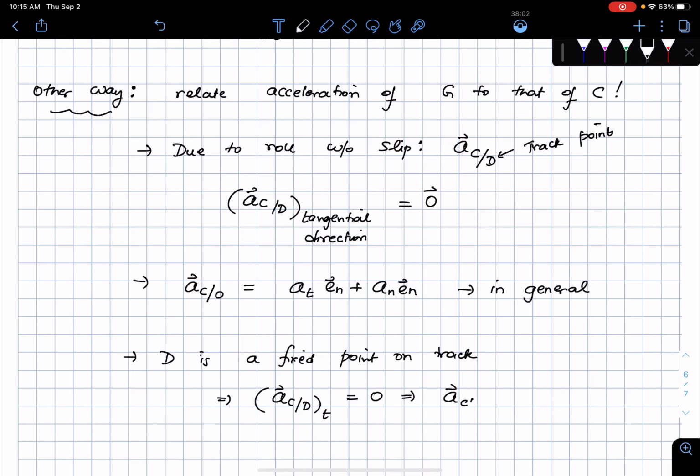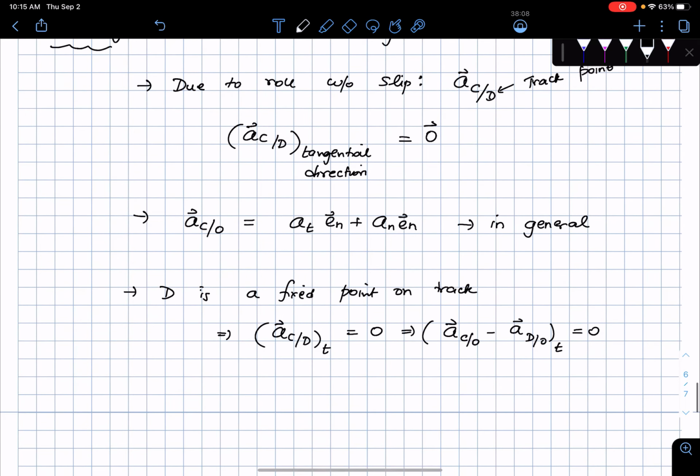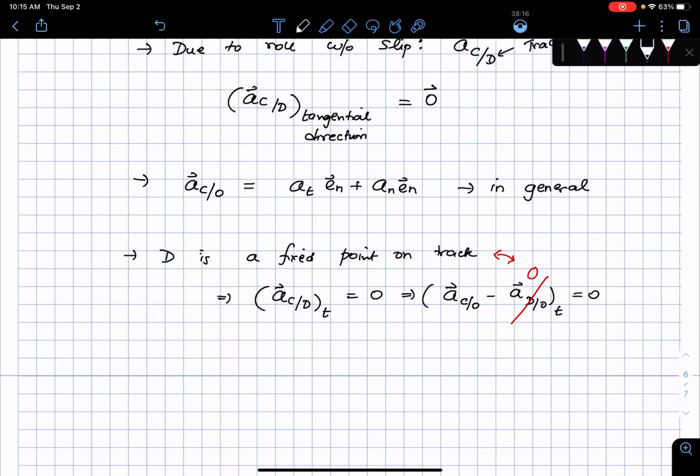Relative acceleration is nothing but the difference between the absolute accelerations. These are all in the tangential direction. Since D is a fixed point on the track, this acceleration is going to be 0 because it's a fixed point. And so this tells me that the acceleration of C with respect to O in the tangential direction, which is a_t Et, is 0.